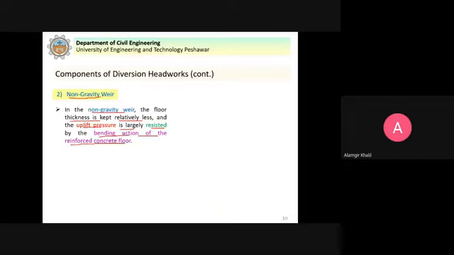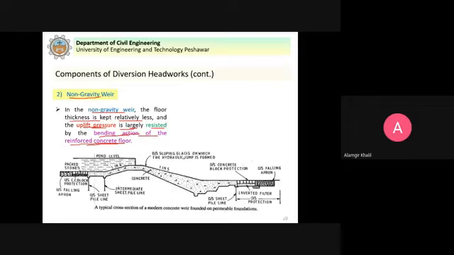There will be weight, but in the case of a non-gravity weir, the floor thickness is kept relatively less and the uplift pressure is largely resisted by the bending action of the reinforced concrete floor. So this can be an example.